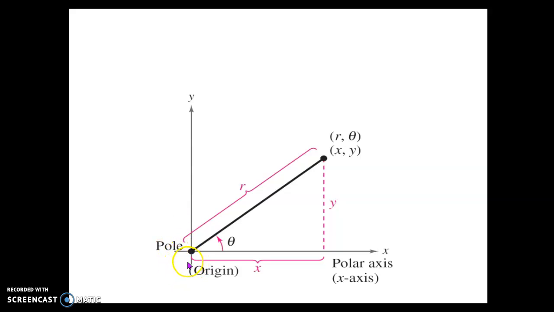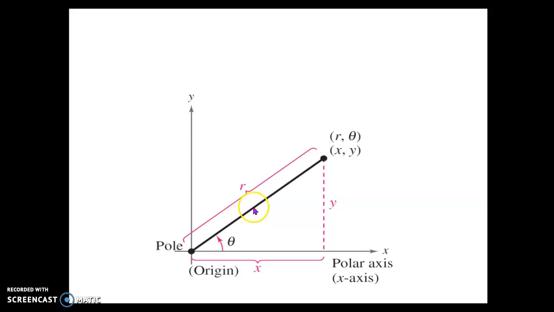So polar coordinates work by, you have a fixed specified point called the pole. It's really the same as the origin 0, 0 in rectangular coordinates, but for polar coordinates, we call it the pole. And then for any point in the plane, we can specify exactly where it is by giving numbers for r and theta.